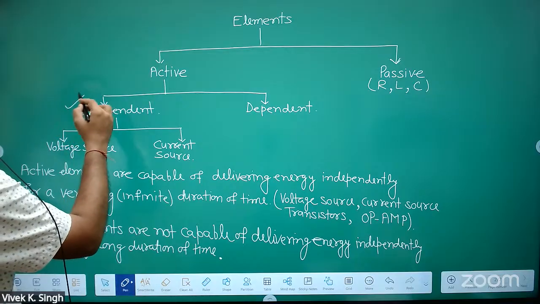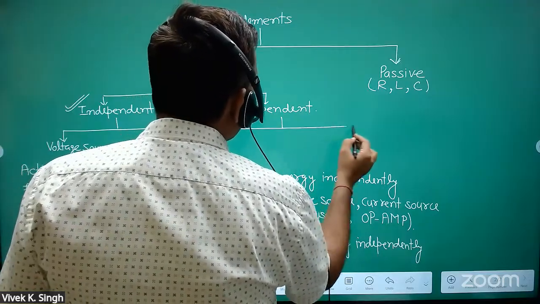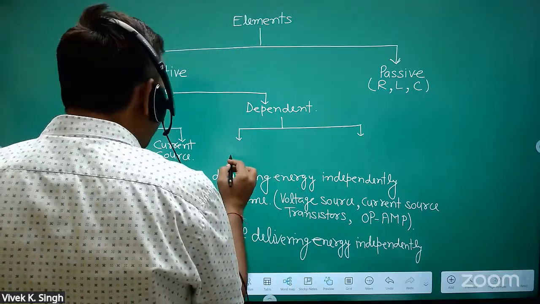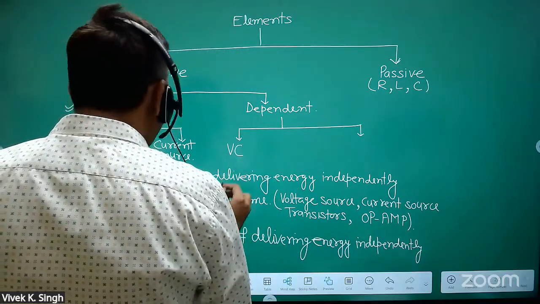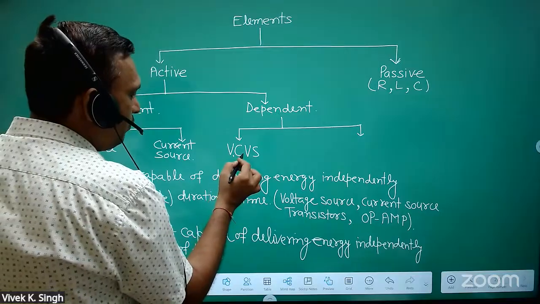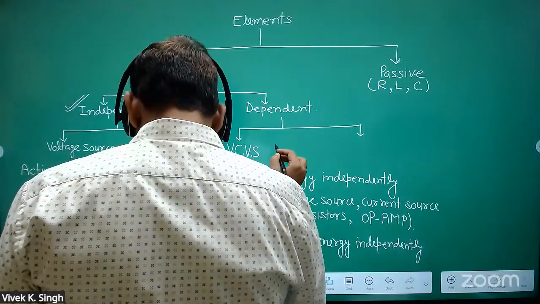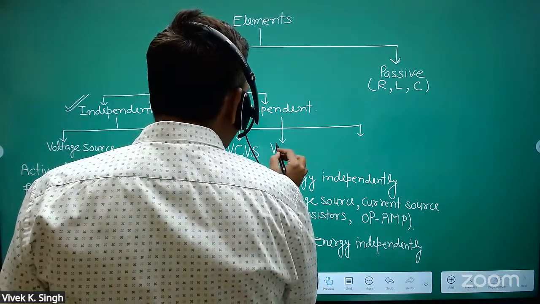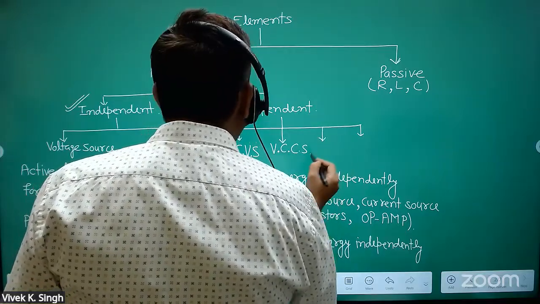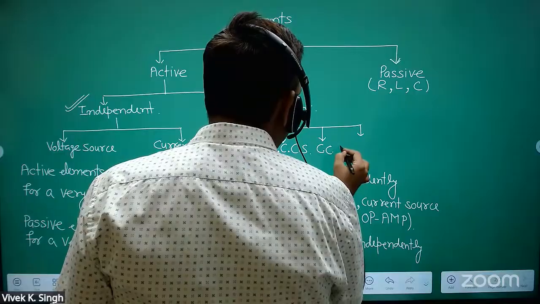So we will talk about independent sources, but there are dependent sources also, and we can design them using independent ones. One is voltage controlled voltage source, VCVS. Then you have voltage controlled current source. Then current controlled current source.